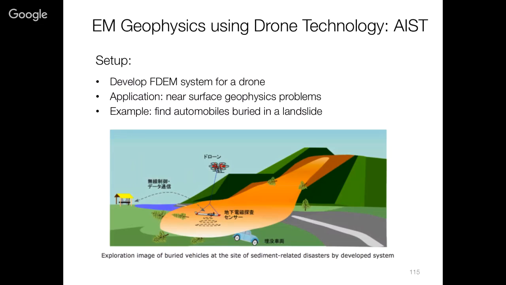Their particular case that they were interested in, there was an earthquake and then a slide that had come down. So we've got a landslide that comes down, and it buried a couple of cars and killed a few people, right? And so using that as an opportunity to say, okay, well, if we actually had an airborne system that could have flown really close to the ground, we could perhaps have figured out where these buried cars were, and that would give us an indication that at least there might be a car there, and maybe somebody's trapped in there or not.